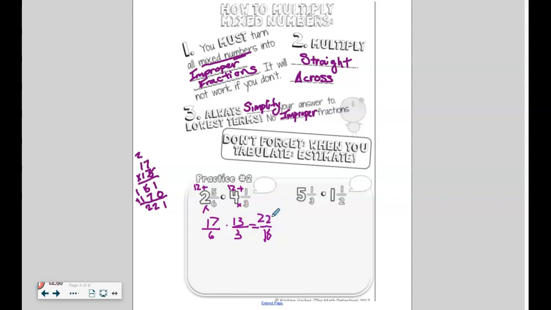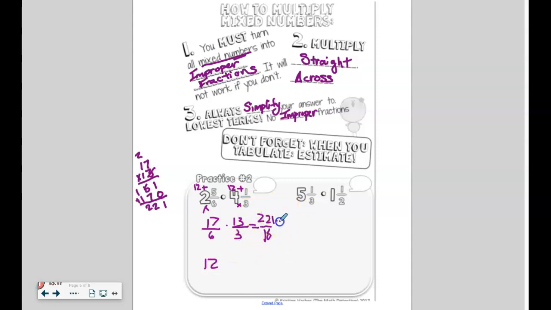Now I can't be done yet because I have an improper fraction. So now I have to figure out how many groups of 18 I can make out of 221. I can make 12 groups. So I'd take 221 divided by 18.